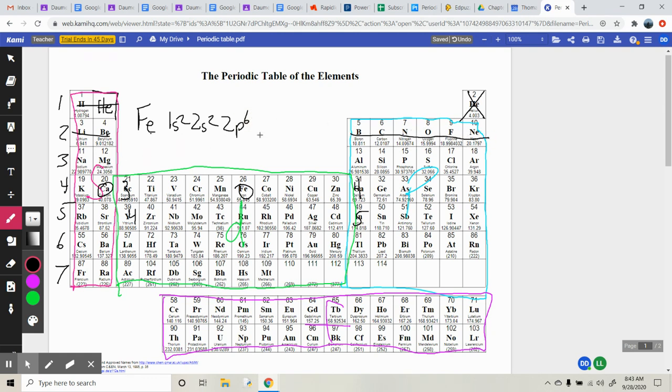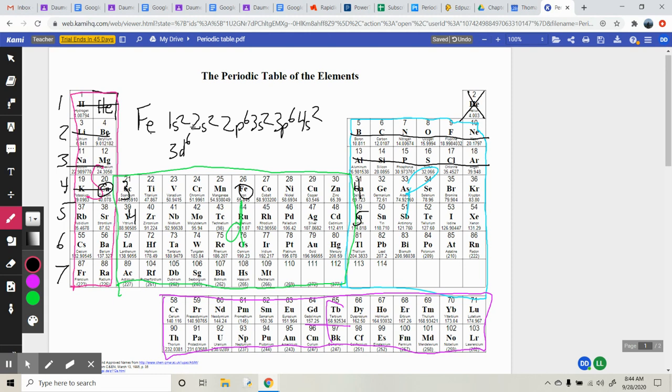We got 3s2. We got 3p6. We got 4s2. And remember, now that we're in that d orbital, it's not 4d10, it is 3d, and then 1, 2, 3, 4, 5, 6. 3d6. Okay, so again, remember that when you get to the d orbital, it now becomes 3 again.